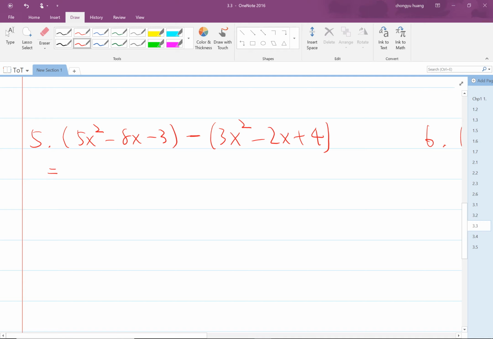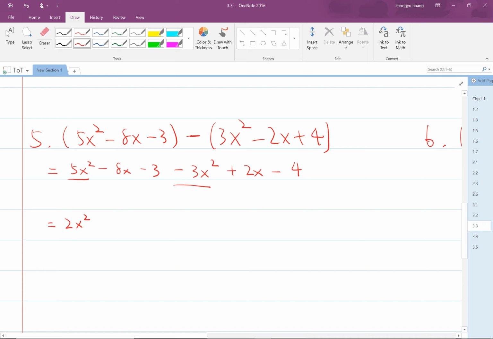So we have 5x squared minus 8x minus 3, and we have minus 3x squared, and then we have plus 2x minus 4, right? So you can see we got 5x squared minus 3x squared, so it just basically becomes 2x squared, right?